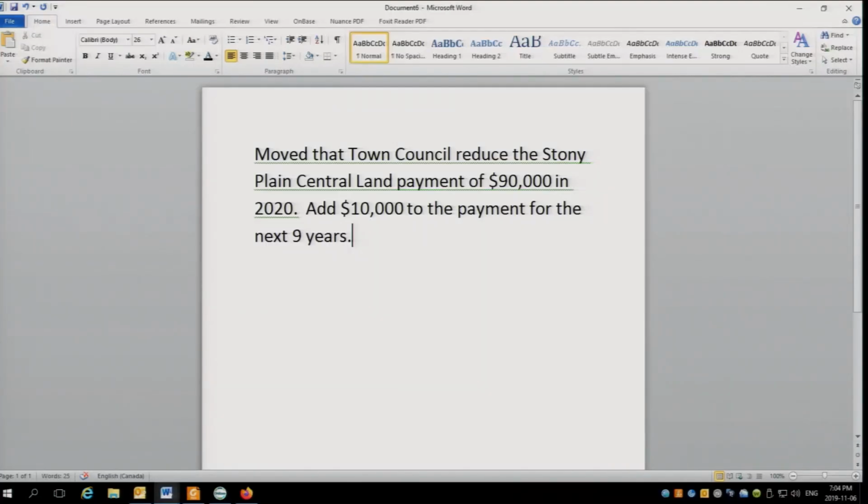And then to add $10,000 to that payment each of the next subsequent 9 years, which equates to a 0.05% increase of taxes the following 9 years. And as soon as administration has that done and on screen, I'd like to speak to that. We'll give everybody a minute to read that. Comfortable with the motion?